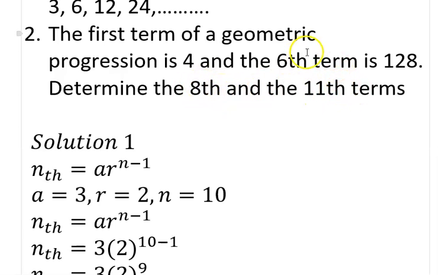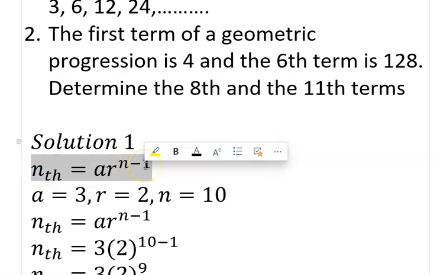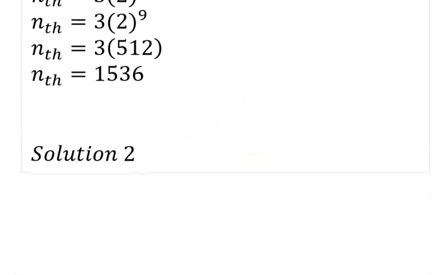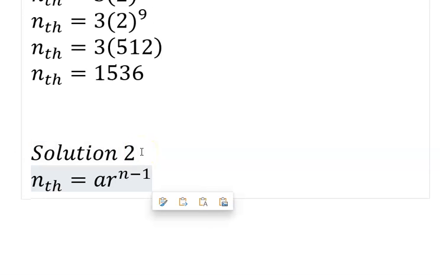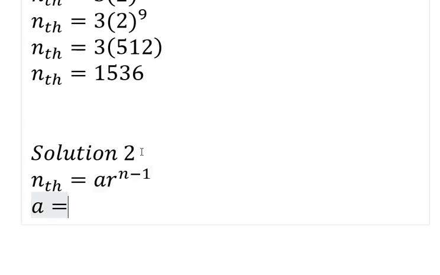So let's get the common ratio first. We have been given this nth term, we have been given our first term, we are not given common ratio, we are given number of terms. So with that, we can get our common ratio. And after getting that, we can now look for 8th term, we can look for 11th term. So let's quickly do that. Beautiful. Now, like I said, we are given our first term to be 4.